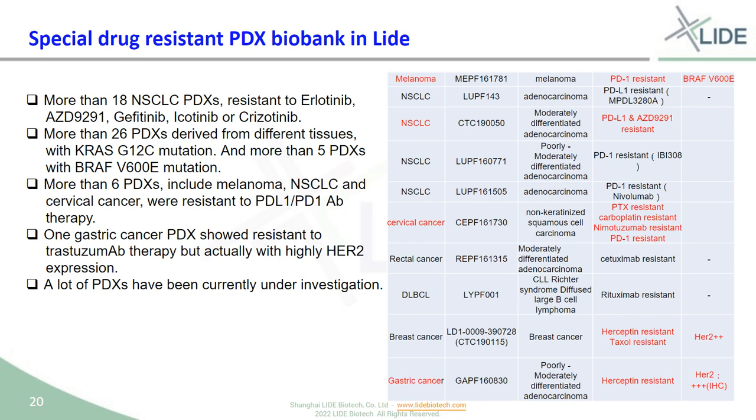They also have some BRAF mutations and some non-small cell lung cancer PDX models, not only PDL1 antibody resistant, but also EGFR inhibitor resistant. So those PDX models are ready for IO drug evaluation and novel target identification.